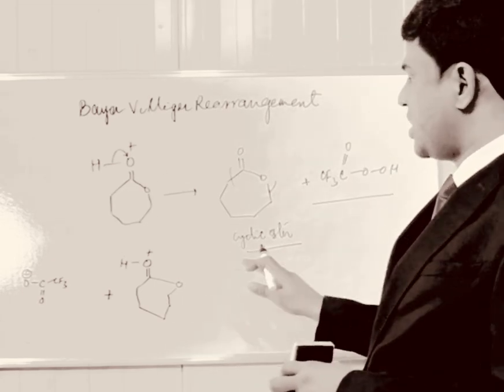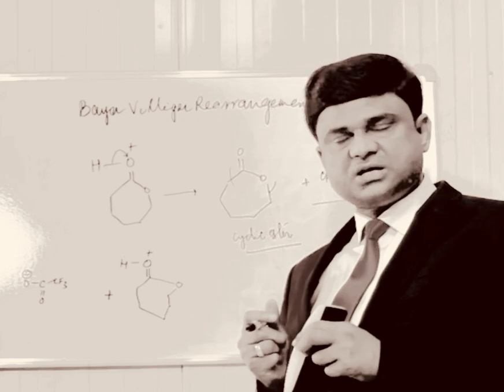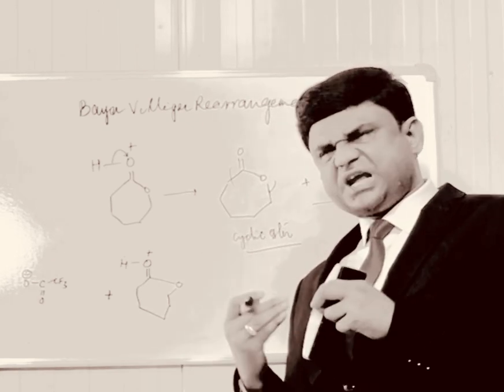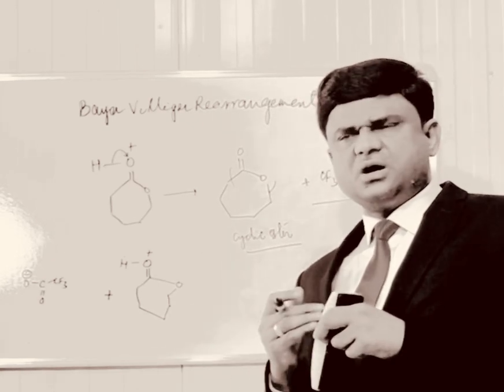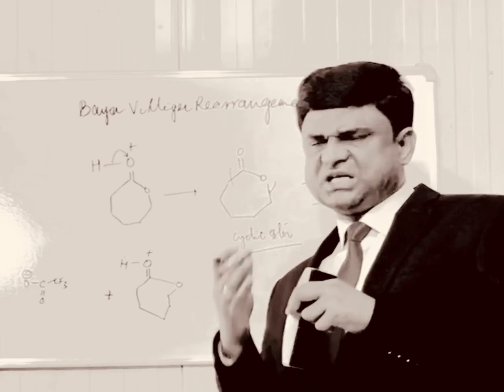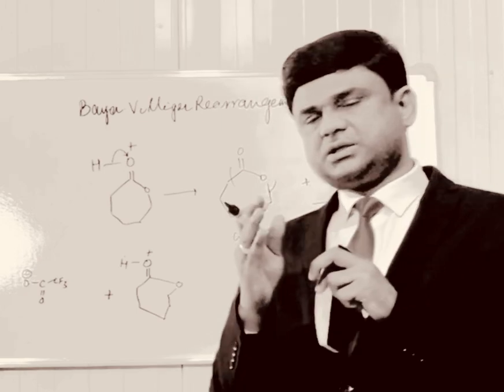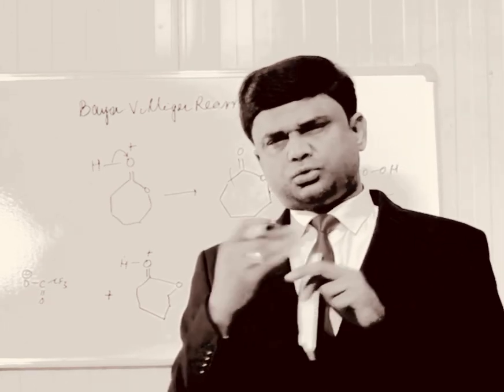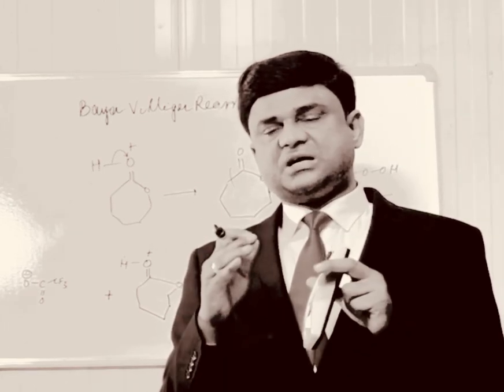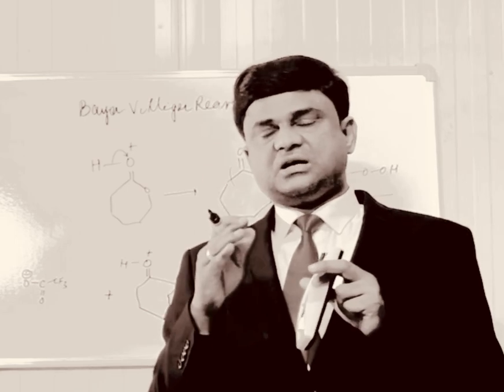and the mechanism behind this is very important. And we take another example in which we can see what happens if we have two different groups that can shift onto the oxygen.